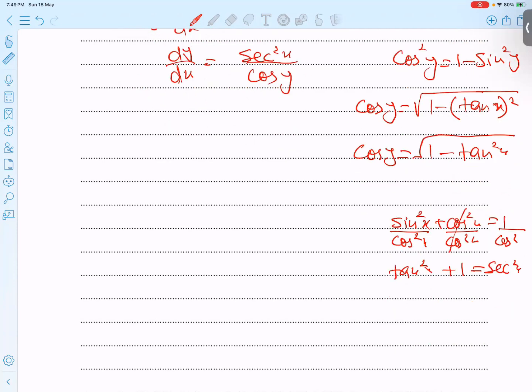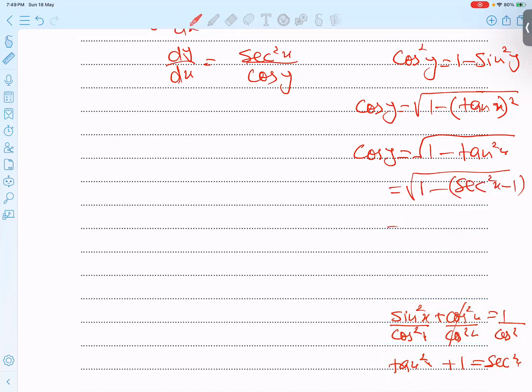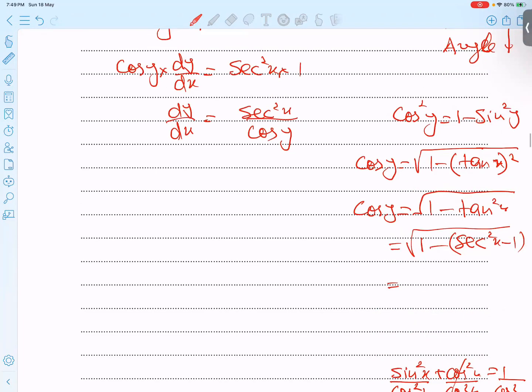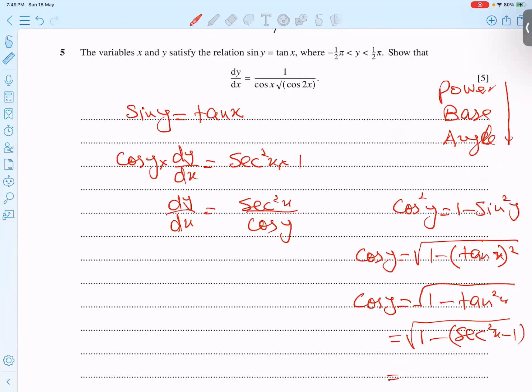So I'm going to replace the tan square value, which is, I can replace this value by root of 1 minus secant square x minus 1. Let me check again. Tan square plus 1 equals secant square. Correct. Now, students, I think you understood how I have handled it. It is coming with me sine square.